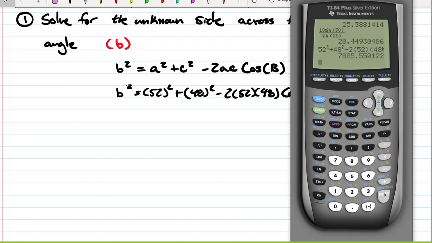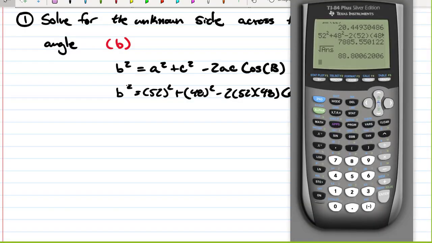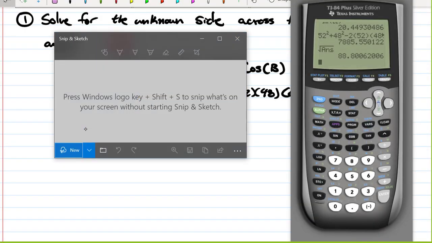Press enter, and I get the number 7,885.55, but that's not our answer. That's b squared, so I actually want to take the square root of that answer, and I get 88.8.